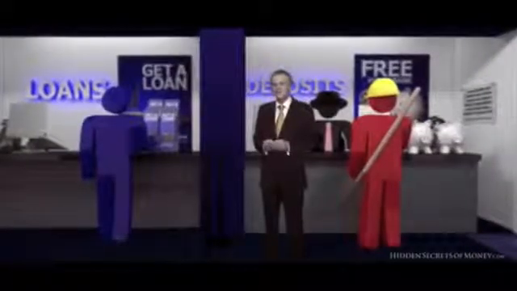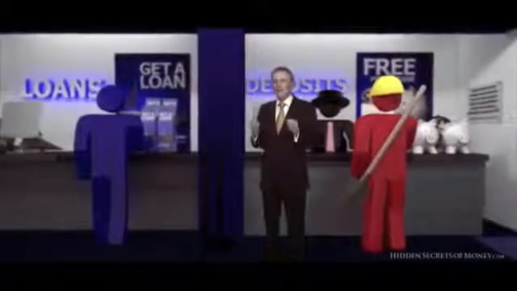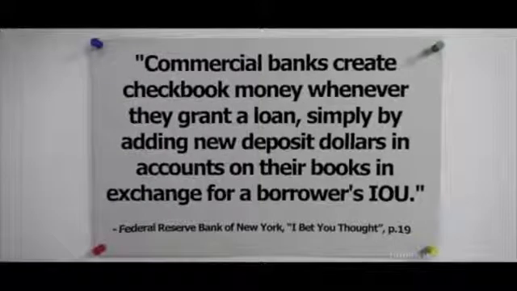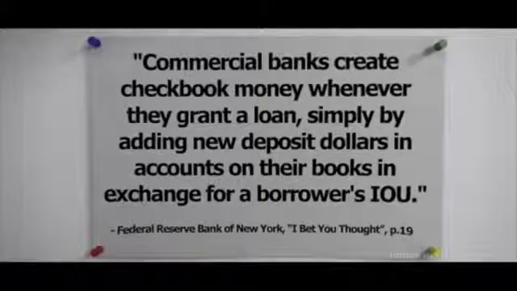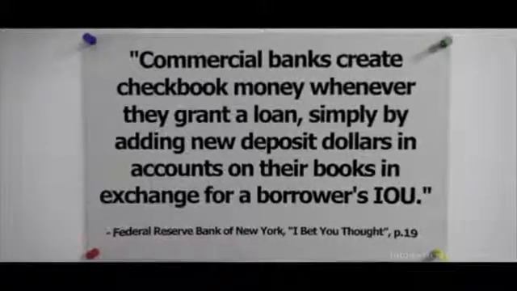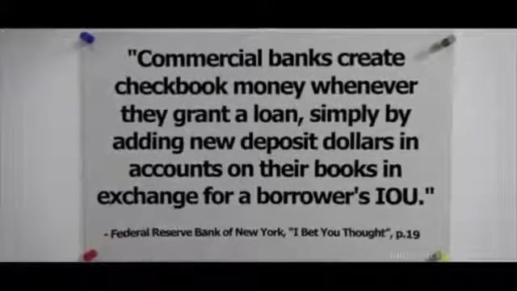But why does your bank account still say you have $100 if the bank has stolen $90 of it? Because the bank left IOUs it created, called bank credit, in its place. Now I know this sounds crazy, but here it is in black and white from the Fed. Commercial banks create checkbook money when they grant a loan simply by adding new deposit dollars in accounts on their books in exchange for a borrower's IOU.